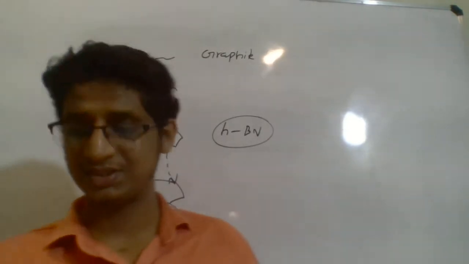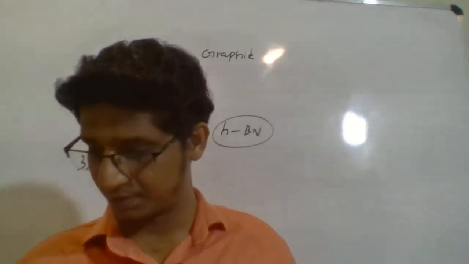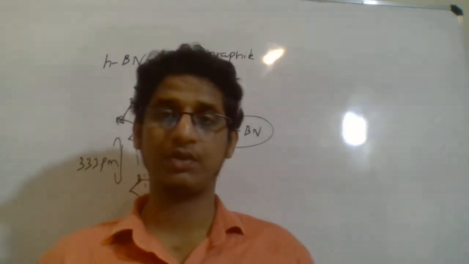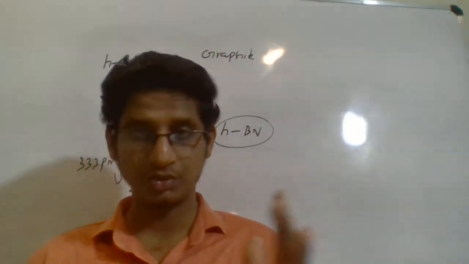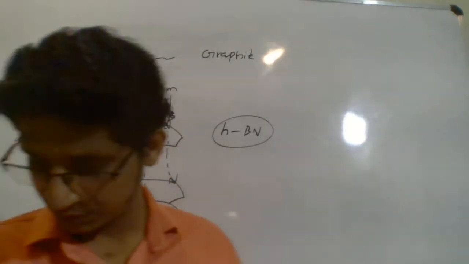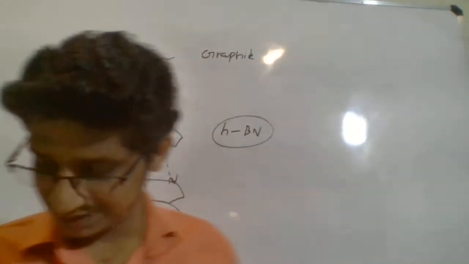Okay, so that is the two important similarity between the hexagonal boron nitride and cubic boron nitride. These are the two important polymorphs of boron nitride. So now let us discuss the preparation.